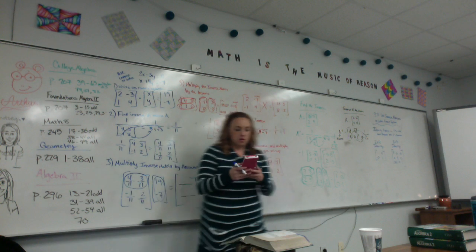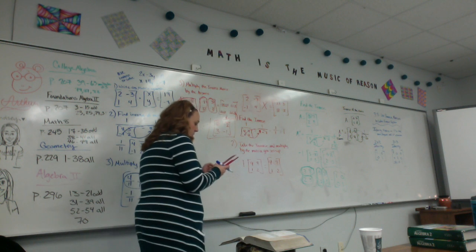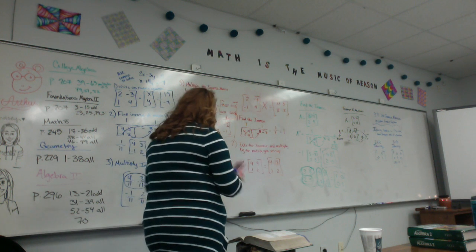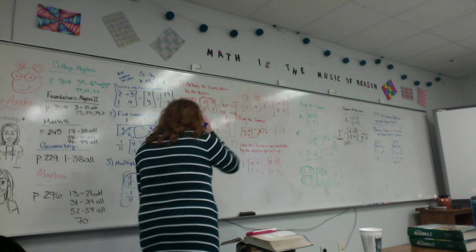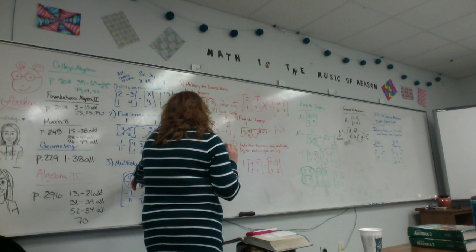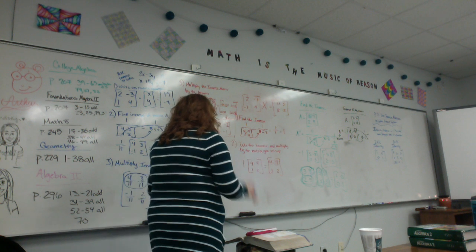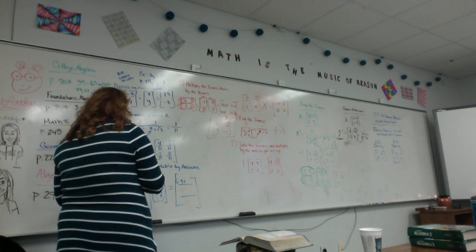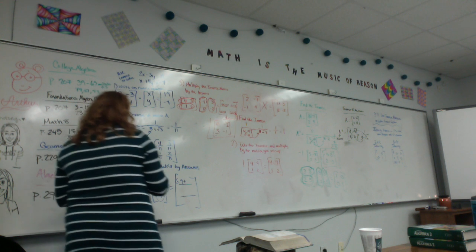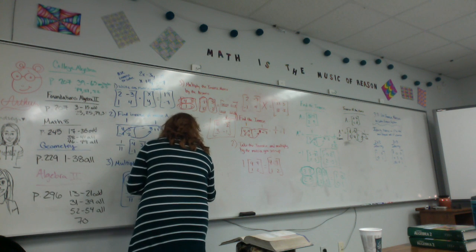Okay. So I get 6.9 plus what is 3 elevenths times negative 7? So 7 times 3, which is 21, divided by 11 gives you negative 1.9.